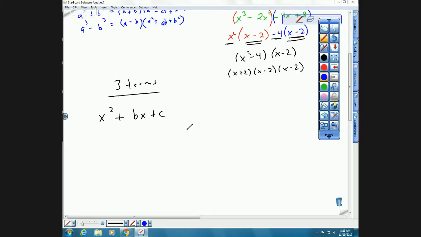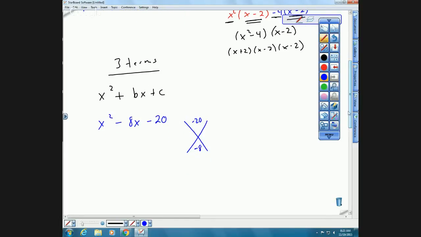Those are the easy ones where you just do, all right, what multiplies to be -20 and adds up to be -8. -10 and +2. So x times x is x squared. -10 times 2 is -20. -10 plus 2 is -8.